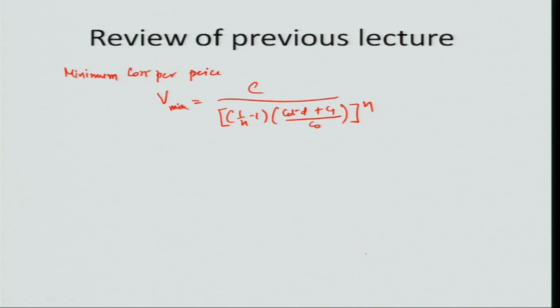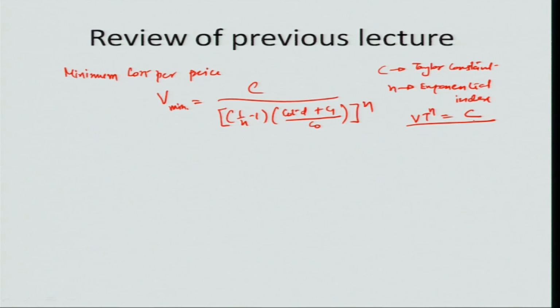And here obviously the various terms, C for example, was the Taylor constant in the tool life equation. So n is the exponential index of the Taylor equation. You remember the equation was V t to the power n equal to the constant C.